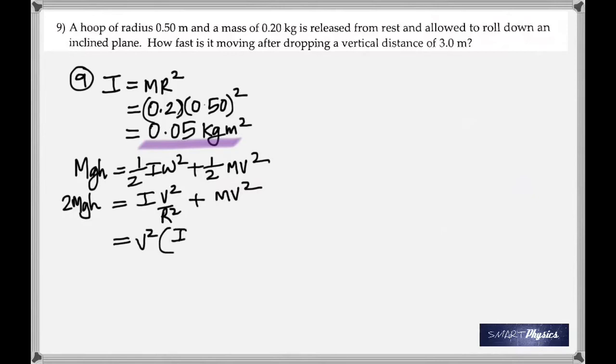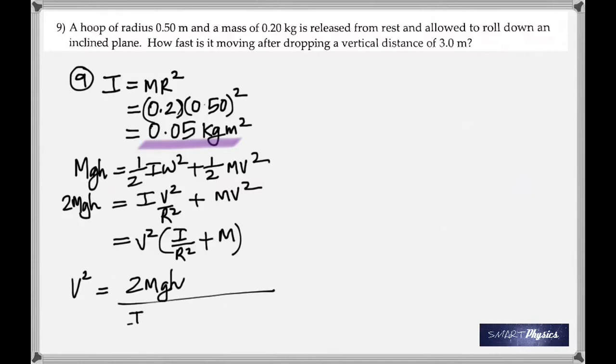And we're trying to separate out the velocity because that's what we have to find. So that's the equation we get for V squared. It's a good idea to substitute the numbers at the end, so you don't have to write it many times.